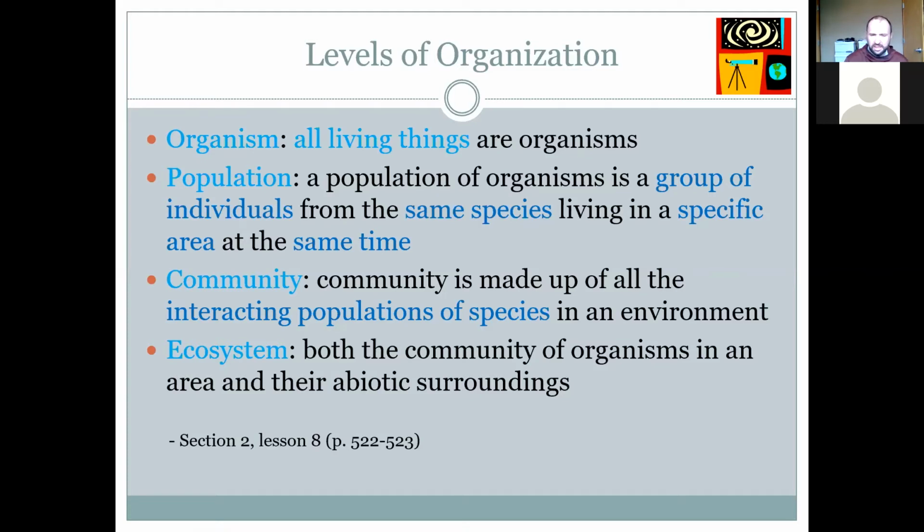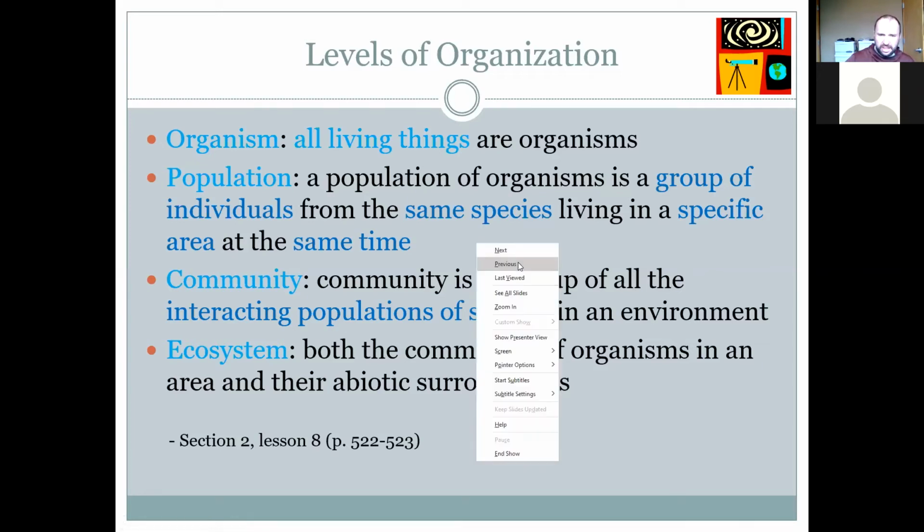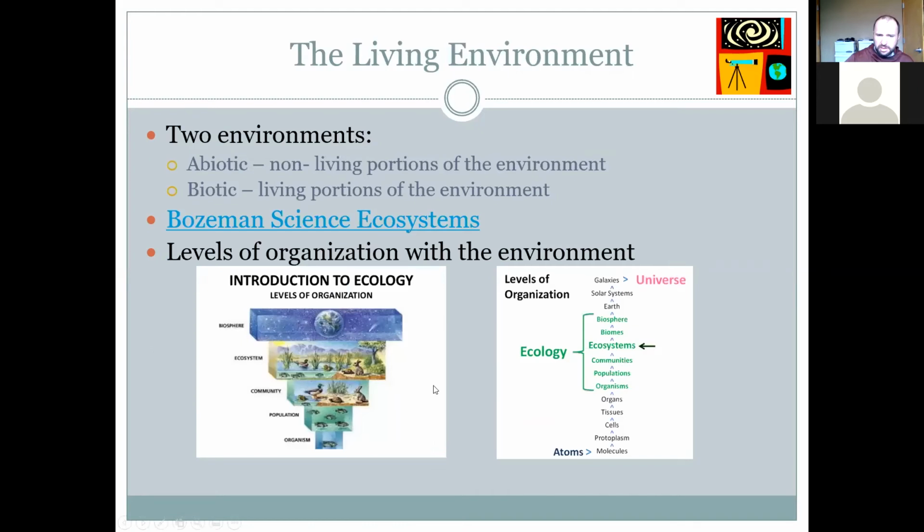And then lastly, ecosystem is basically the term that includes all of the living and non-living things, right? So if I were to go back, ecosystem includes all of the animals, all the species of animals, all the species of plants, but it includes the water in the lake, the rocks that make up the lake, the mountain, the sand, the pebbles, all of those things make up the ecosystem as a whole.